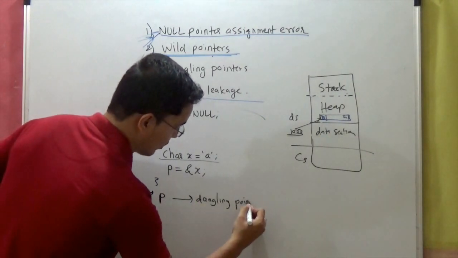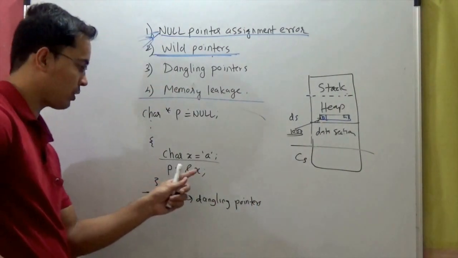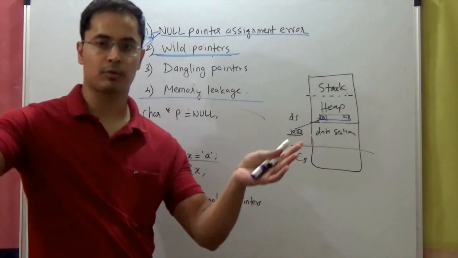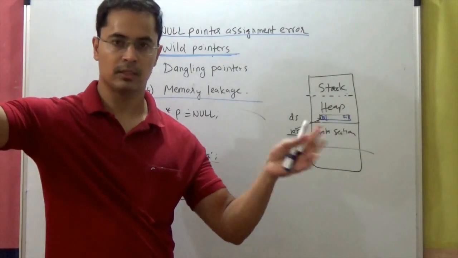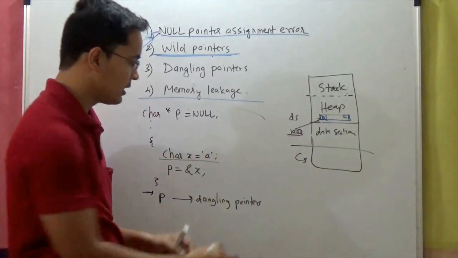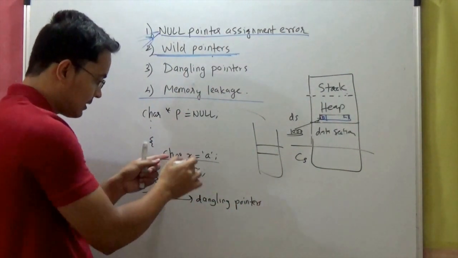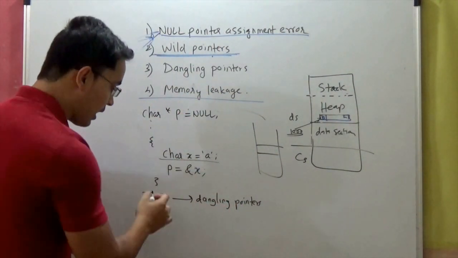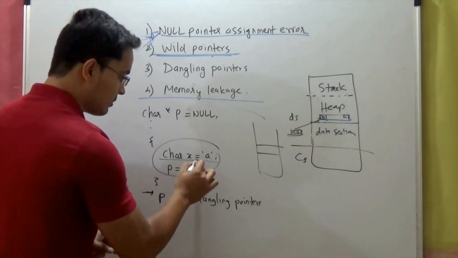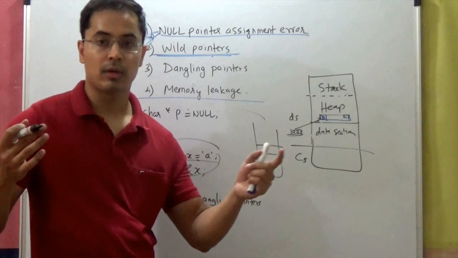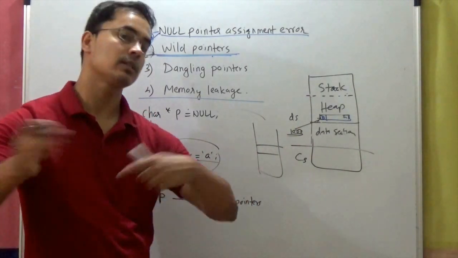Why? Because it was supposed to store the address of this variable x, right? But now x is out of scope. It is removed from the stack. There's no more x. The memory location is there, but it is no longer accessible by x. But you still have the address. So now, because it went out of scope, this memory location can be utilized by the operating system for some other purpose.